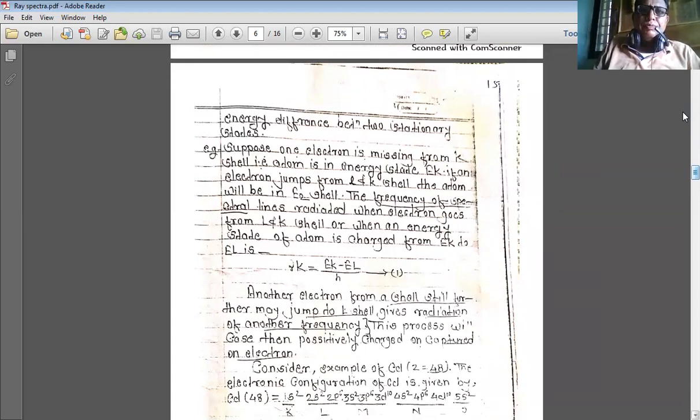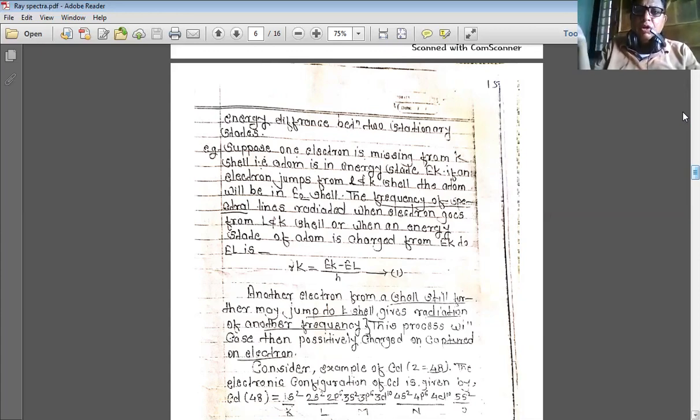Suppose one electron is missing from the K shell, so the atom is in energy state Ek. If an electron jumps from the L to the K shell, the atom will be in energy state El.